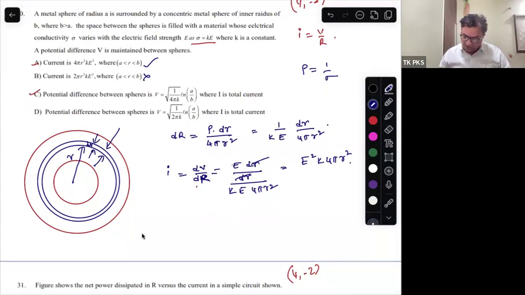Now what you want is, clearly I can write in terms of current. In terms of current, E I know basically.